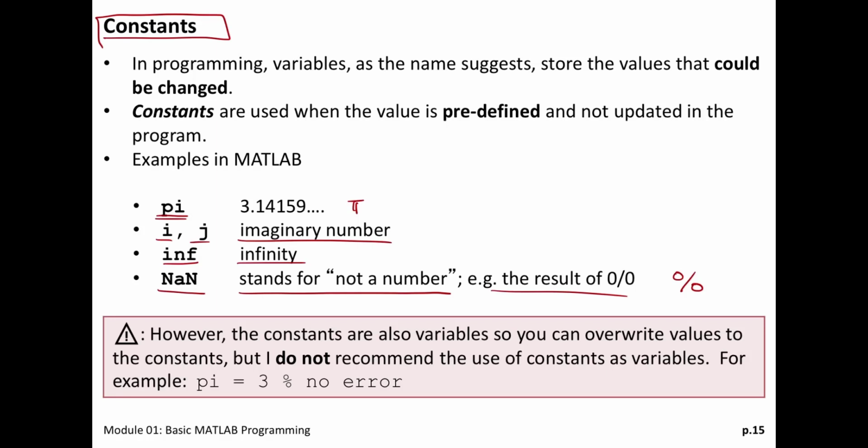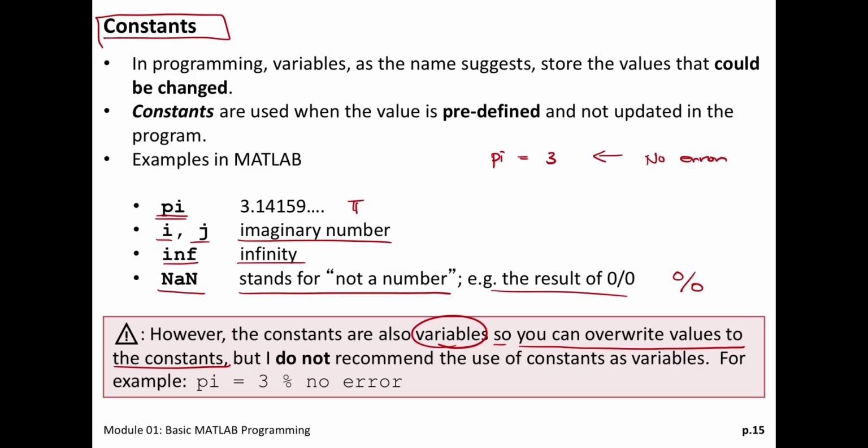Okay. However, a constant is also a variable. Okay? So you can override the value of this constant. I don't know why in MATLAB, but a constant is also a variable, so you can override the value of the constant. What it means is pi equal to 3 in your script. These are no error.